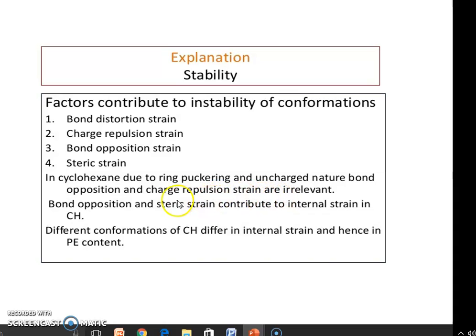The main internal strains contributing in carbon-hydrogen bonds are the bond opposition strain and the steric strain, and different conformations differ in internal strain and hence in PE content. What this PE content is, we shall see later.